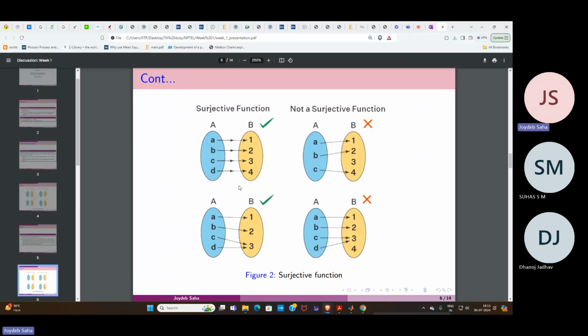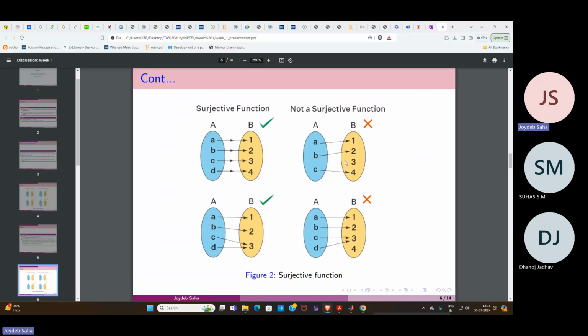Now come to figure 2. A has 4 elements A, B, C, D. B includes only 3 elements 1, 2, 3. And A is mapped with 1, B is mapped with 2, C and D both are mapped in 3. These two we can say surjective function.